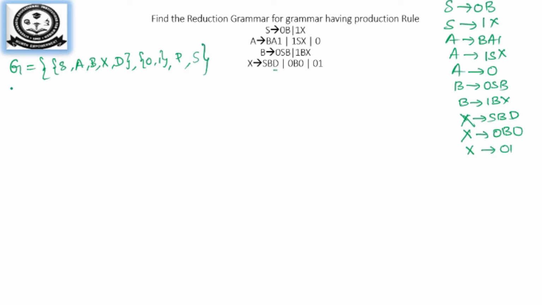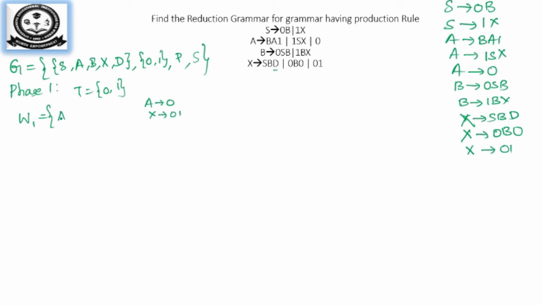Now we'll start with phase 1. The terminal symbols are going to be 0 and 1. So now we'll find W1, which are the non-terminal variables that can derive 0, 1. So we'll write the rules first. S tends to 0B, 1X. So it's not deriving any terminals, but we have A tends to 0, okay, and X tends to 01.